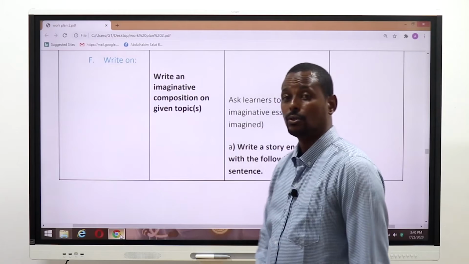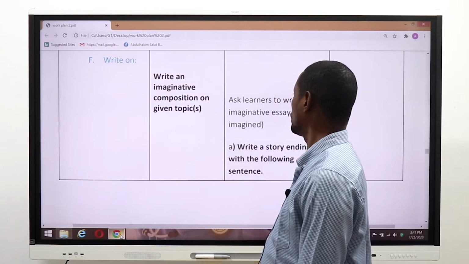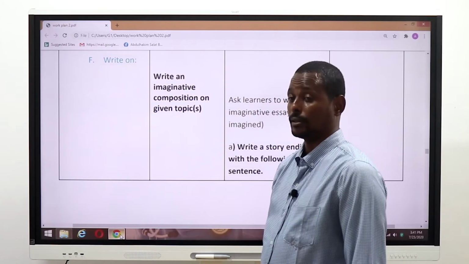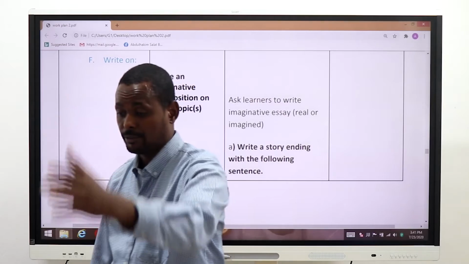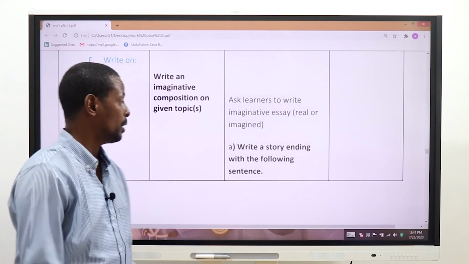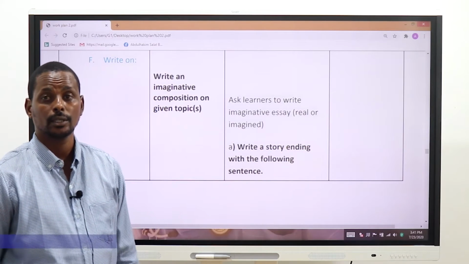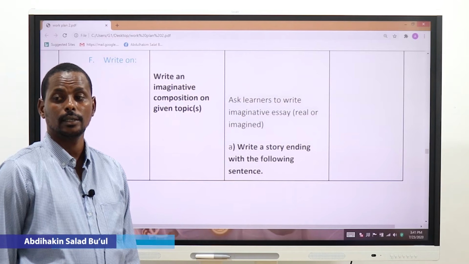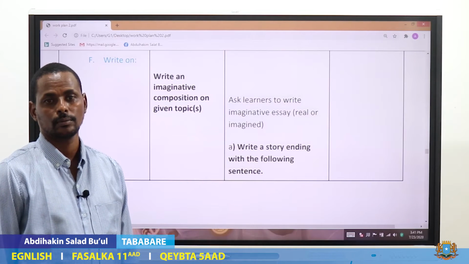How do I go about it as a teacher? The methodology you are going to use. Before they start writing, when you tell a student to write a composition about the proverb, ignorance is blindness, every student is going to write a composition.